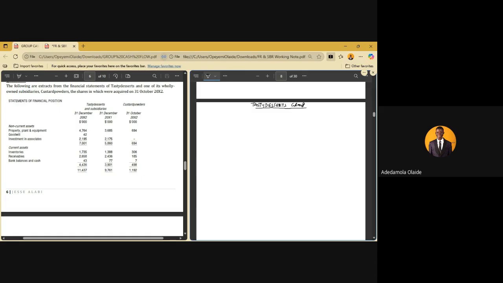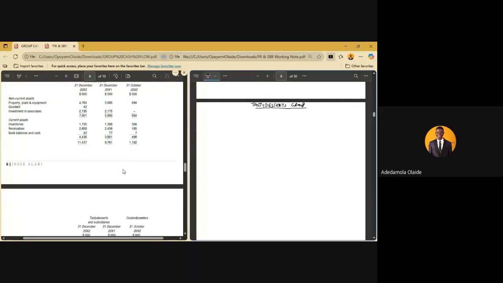They have a wholly owned subsidiary, and by now we should be conversant with what a wholly owned subsidiary is. A wholly owned subsidiary is a subsidiary in which the parent owns 100% of the shares. But if you look at it, they were acquired on 31 October 20x2, and we are preparing the statement of cash flow as at 31 December 20x2, meaning it was a mid-year acquisition.